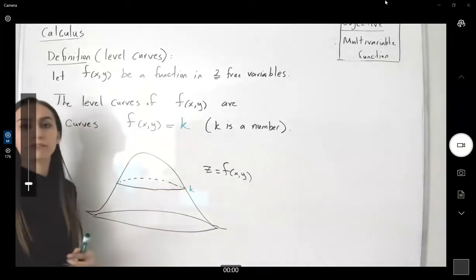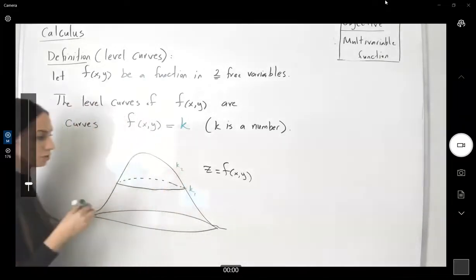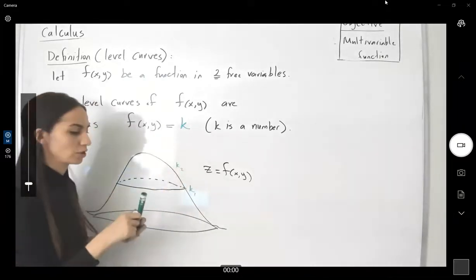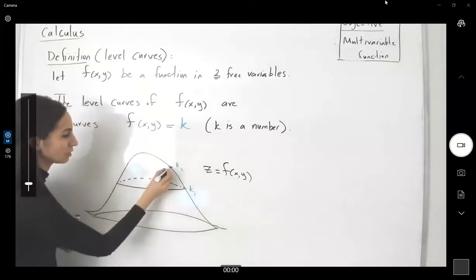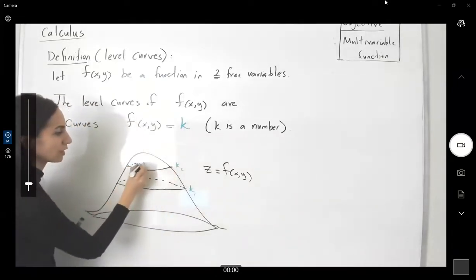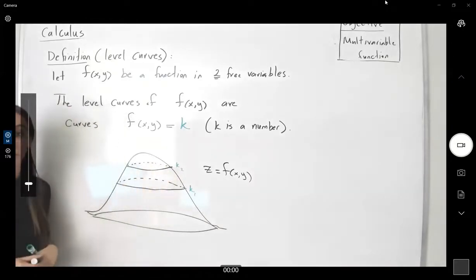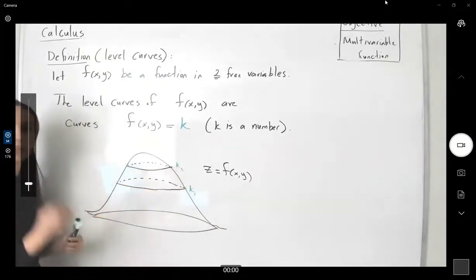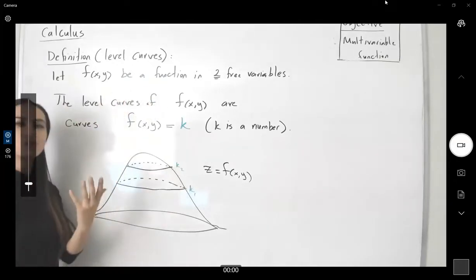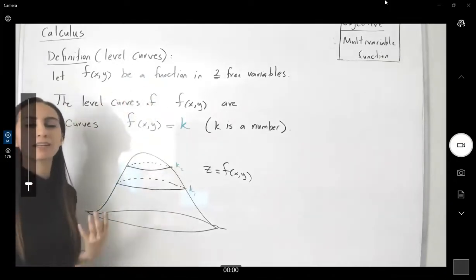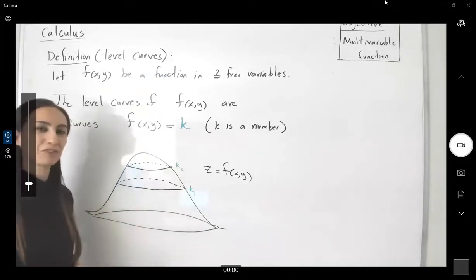If k is a different number, let's change k sub 1 to k sub 2, you get another level curve. You're fixing the height, and then you're finding another curve on this surface. These are called level curves of the function. These actually help us to analyze the function when we don't have the actual graph of the function.